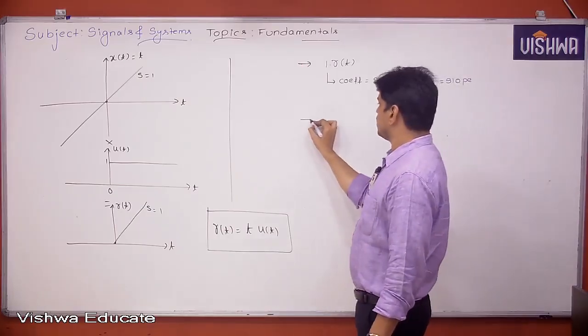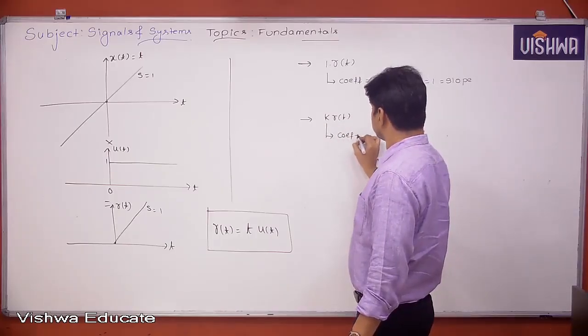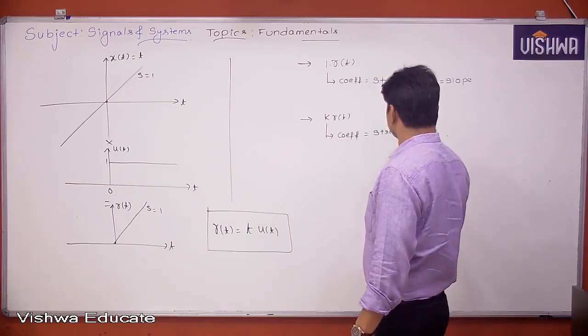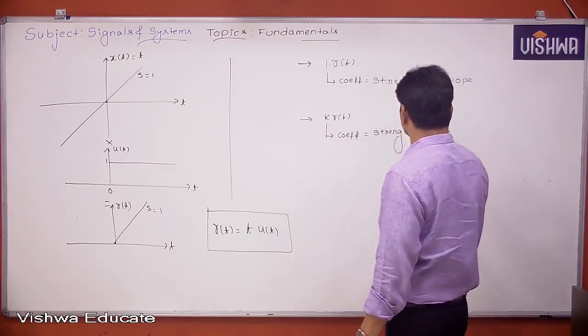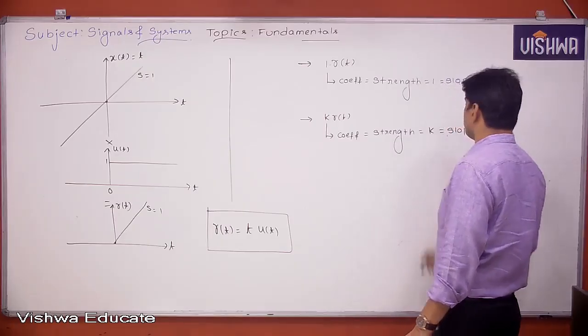If I write k r of t, the coefficient, which is equal to strength, indicates slope. So remember this, very important.